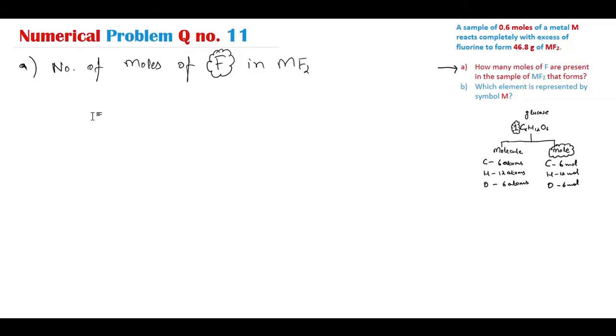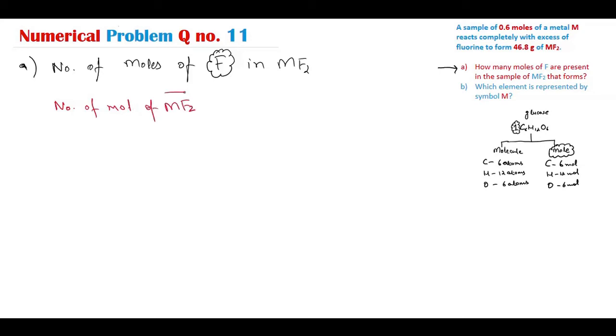Alright, the first part of this numerical problem is: how many moles of fluorine are present in the compound MF2? In order to determine the number of moles of fluorine, we need to know the number of moles of MF2.